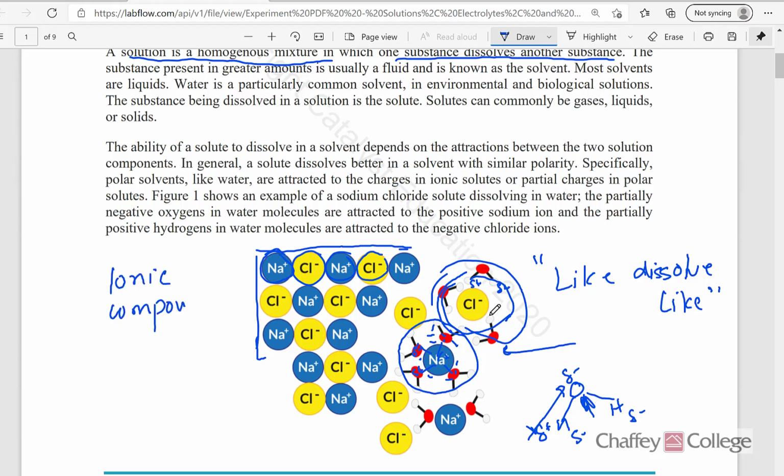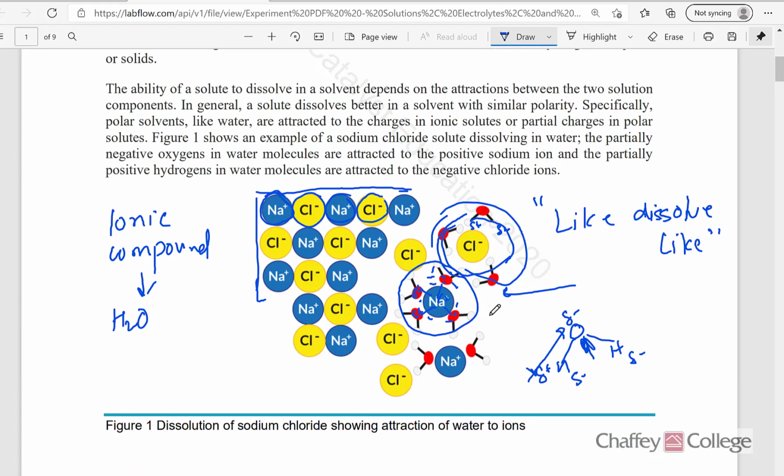Most of the ionic compounds will dissolve in polar solvents such as water. There are a few ionic compounds which will not dissolve. When ionic compounds dissolve in water, their crystalline structure breaks down. Therefore, we can write the equation of solubilization. For example, if sodium chloride is in crystalline form, that will be solid.